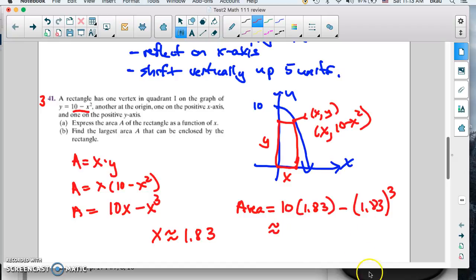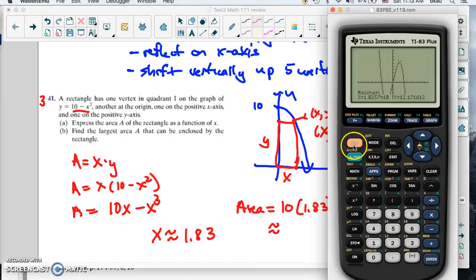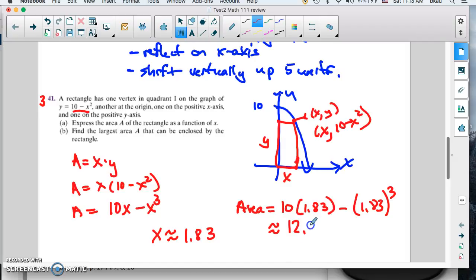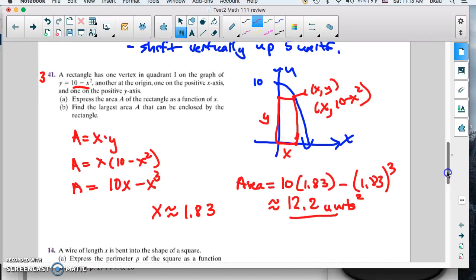Let's see what that is. 10 times 1.83 minus 1.83 cubed. So about 12.2. So we're going to say 12.2 units squared. That would be my answer there, or the largest area.